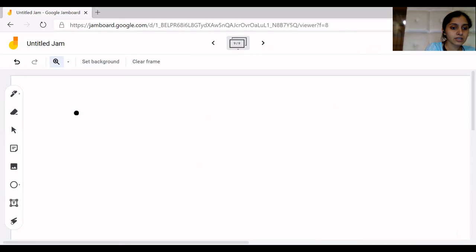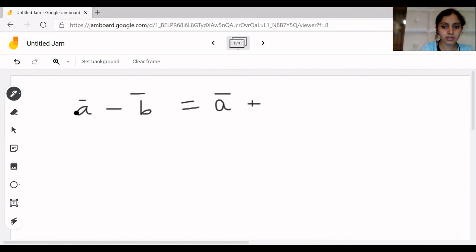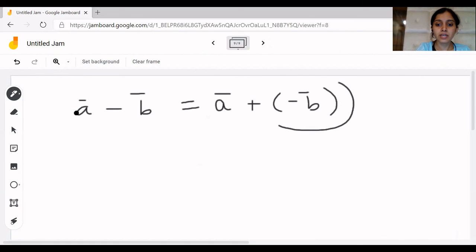Let's say I'm doing a vector A bar minus B bar. Then I can write this as A bar plus minus of B bar. I am adding the negative of the second vector to the first vector, where minus B bar is the negative vector of B bar.